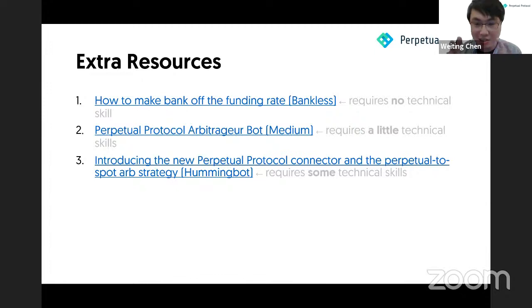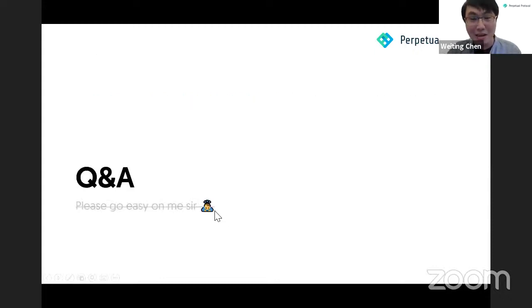They have a connector to make it easier for you to arbitrage between Perpetual Protocol and spot exchanges, but that requires some level of technical skill. Feel free to try those 3 things after you have tried the demo I taught you. So that's all we have today, and the Q&A session begins, I guess.